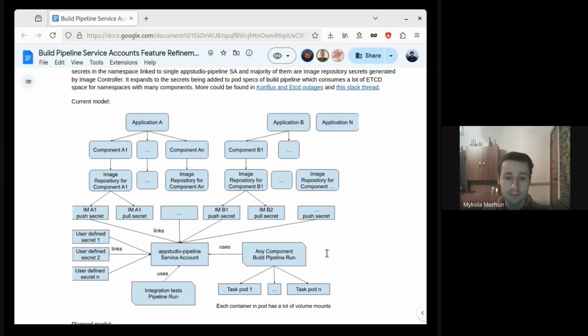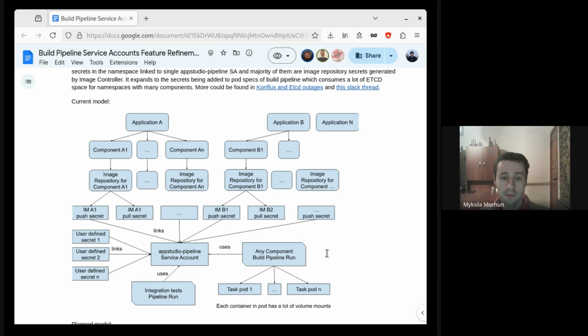And the problem here is that we cannot do anything about that to reduce the scope because many user pipelines are already using custom secrets defined by the user, and the names of those secrets are arbitrary.